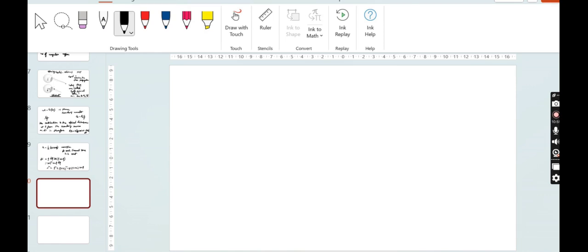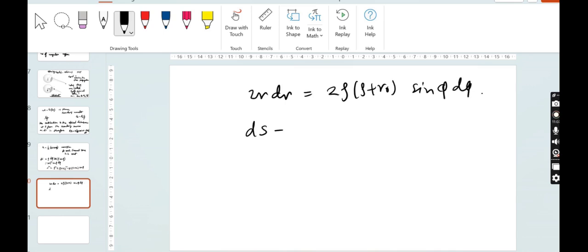And doing all those calculations, it can be written as 2r dr is equal to 2 (rho plus r naught) sine phi dphi. Then we can put these values in dS.